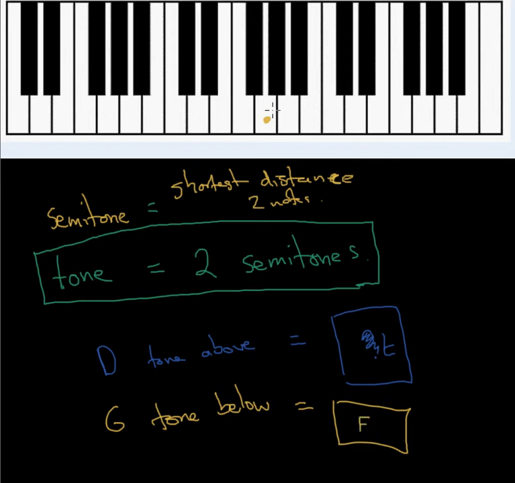Let's work out why. Here is our G. Remember, a tone is two semitones. So let's work out two semitones. There's one semitone, this note right here, G flat or F sharp. G flat is one semitone away.